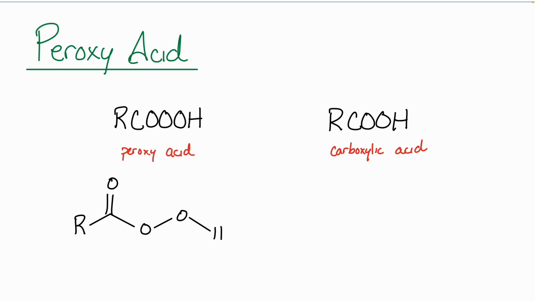I now have this oxygen-oxygen single bond here. Different from my carboxylic acid, where I would just have a hydrogen on the oxygen bound to my carbonyl carbon.